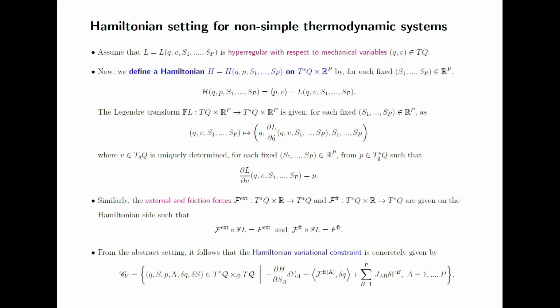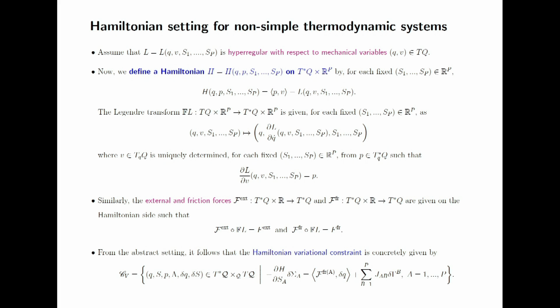Likewise, we can also define the external and friction forces on the Hamiltonian side, and also we can define the Hamiltonian variational constraint like this. So before we used the Lagrangian, but here we use dL dS^a, which means the temperature.